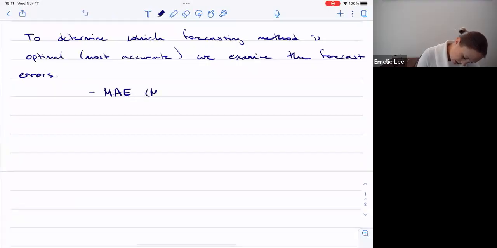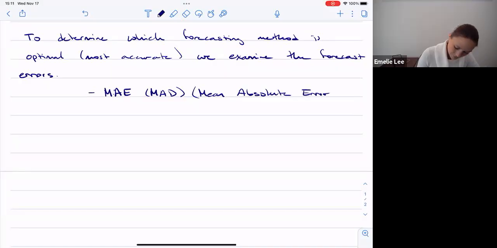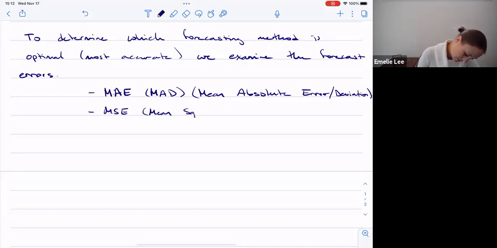The MAE or the MAD, which is the mean absolute error or deviation. The MSE, which is the mean squared error.